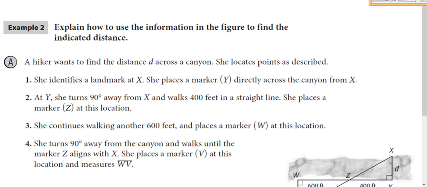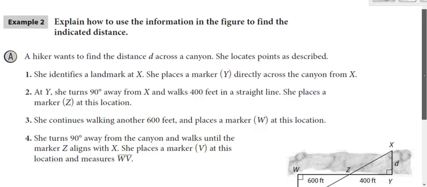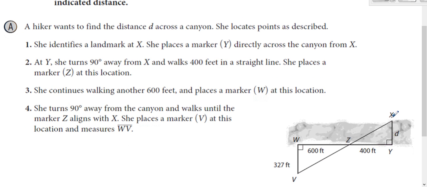So this problem just goes through a different way that you can do it. This would be kind of similar to what I was talking about for measuring distance across the Grand Canyon. A hiker wants to find the distance across a canyon, so they locate a point as described. They identify X, place a marker Y directly across the canyon from it, and then turn 90 degrees away and walk 400 feet. And they place another marker Z. So they turn 90 degrees, so we have the 90-degree angle down there.